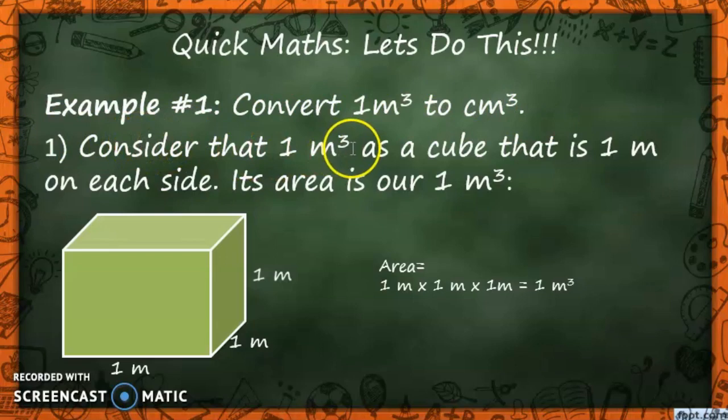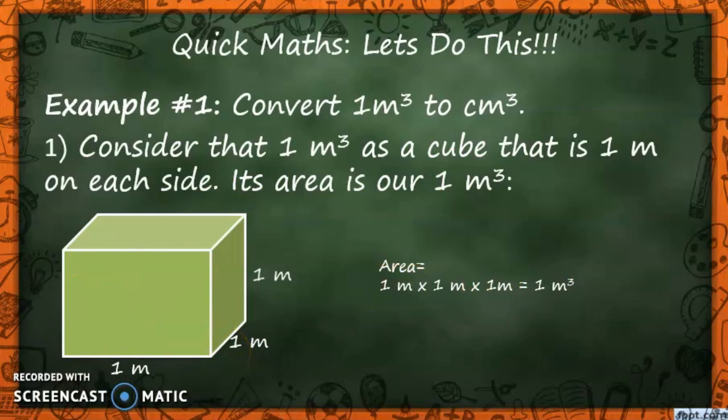Consider that 1 meter cube as a cube that is 1 meter on each side. Here we have our cube, and as you guessed it, length, breadth, and height is 1 meter. So to find the volume, we multiply all of them to get 1 meter cube.